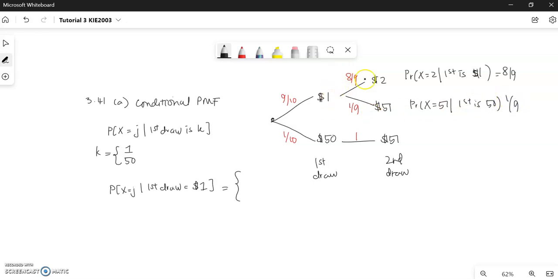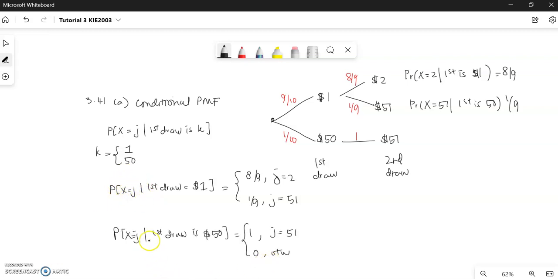These are conditional probabilities, because they are conditioned on what you have taken out at the first draw. So you write 8 over 9 for J equal to 2, and 1 over 9 for J equal to 51. J refers to the total amount of money you obtain.